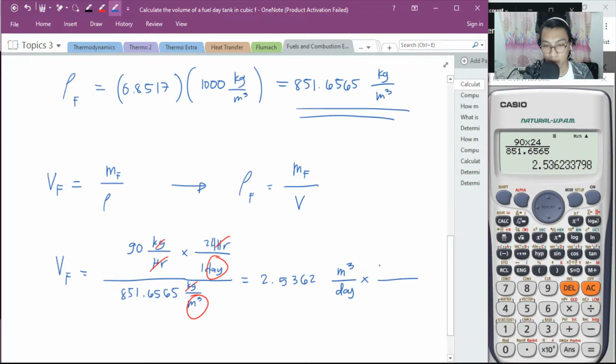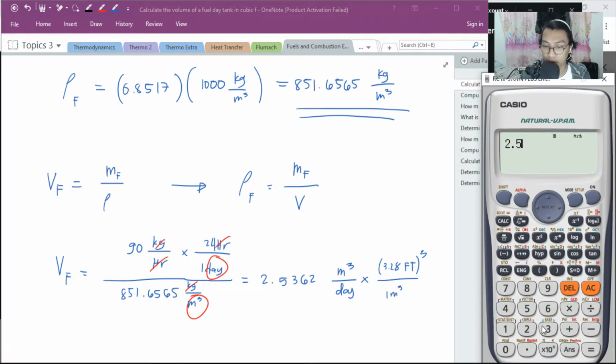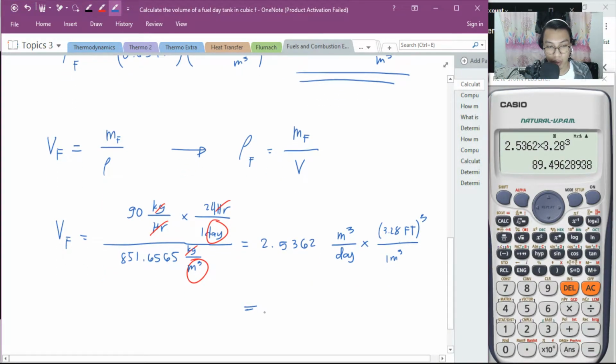O di, multiply mo na lang. So, 3.28 feet cube per 1 meter cube, times 2.5362 times 3.28 cube, 89.5 cubic foot per day. Cubic foot.